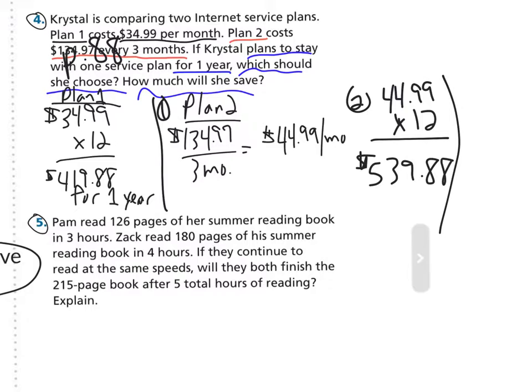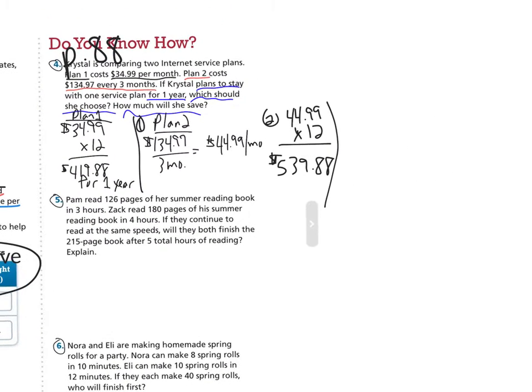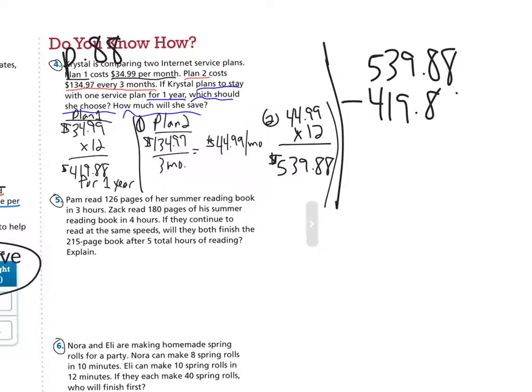So from that, then we could see that plan 1 would be cheaper. So assuming this service is pretty much the same, plan 1 would be the better route to go. And if we subtract those, it'd be $120.